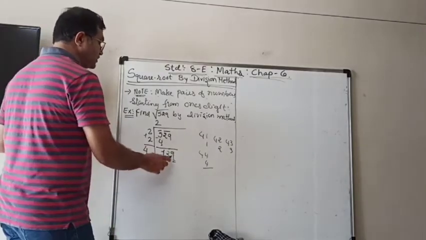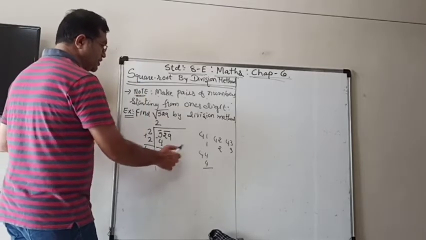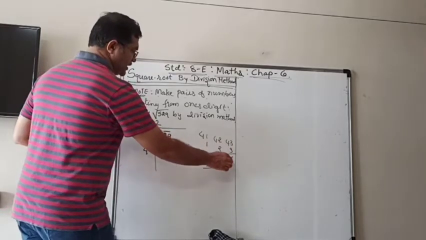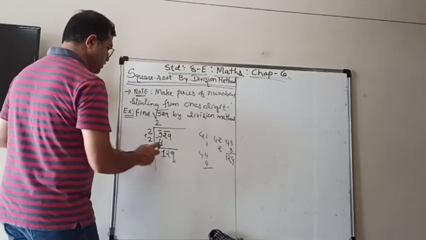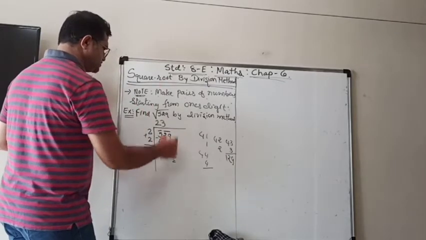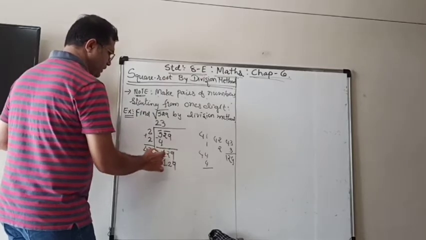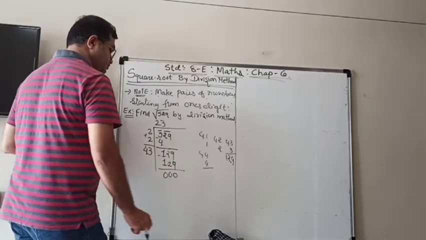I mean 129. But just remember, if you put 3 threes then it will be 9. So try 43 threes: 3 threes 9, 4 threes 12. So here 43 threes is 129. And then you subtract and your answer is 0.